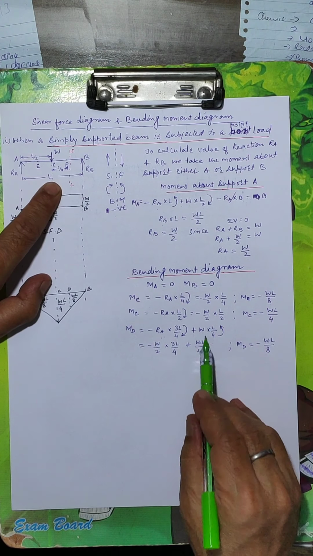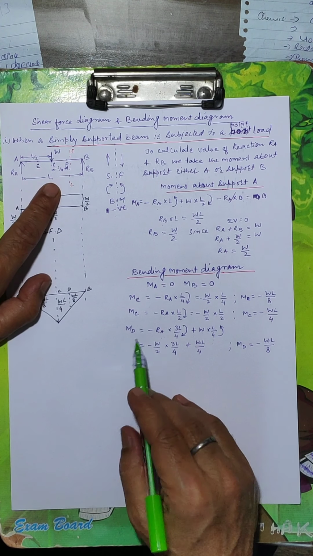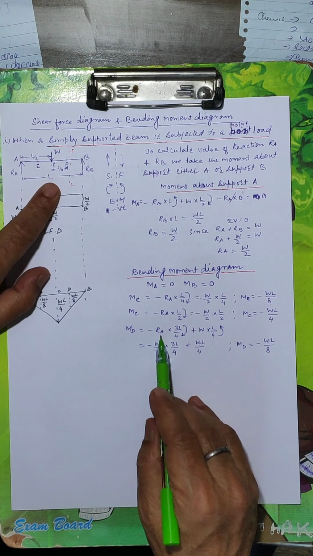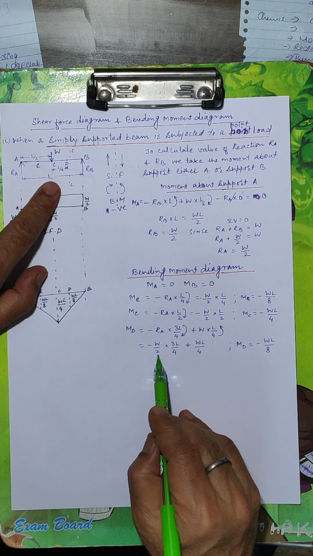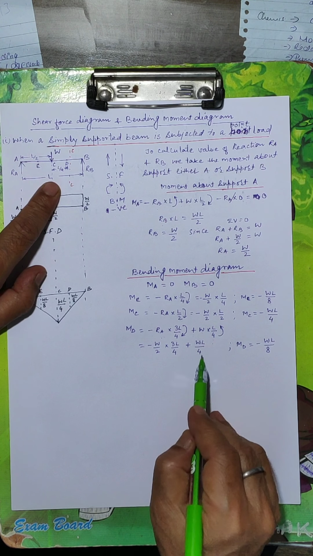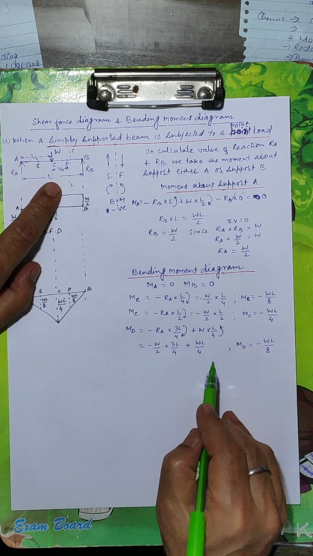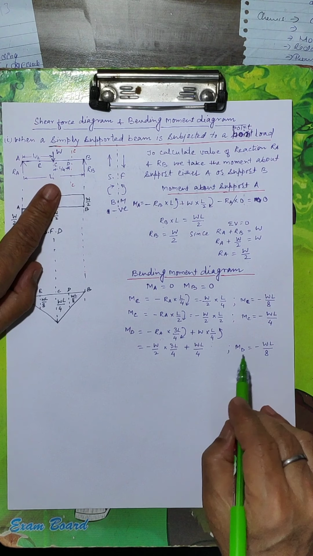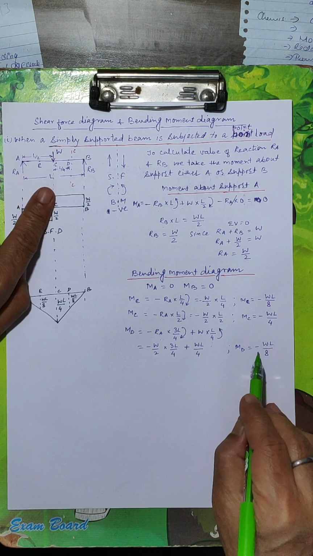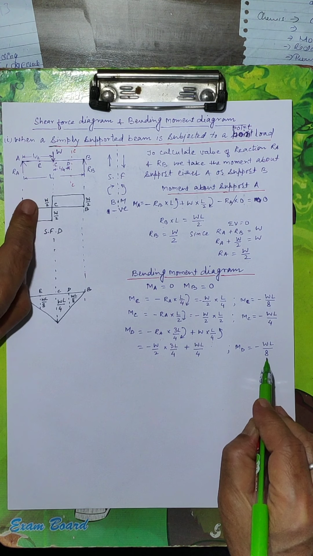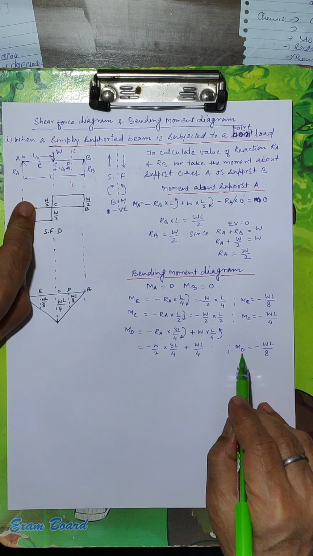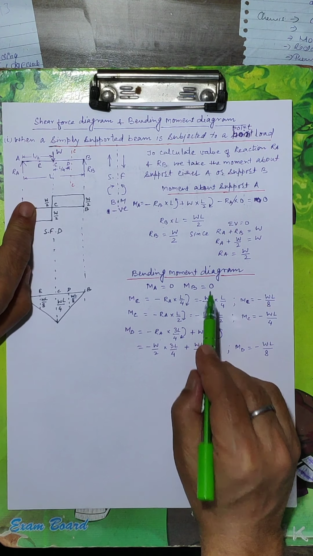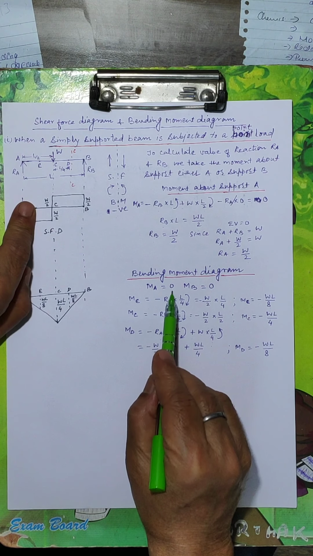So moment at D is, we put the value of RA, minus W by 2, 3L by 4 plus WL by 4. Finally we get the result by solving this equation. Moment at D is equal to minus WL by 8. And moment at B is 0. Moment at A is 0.